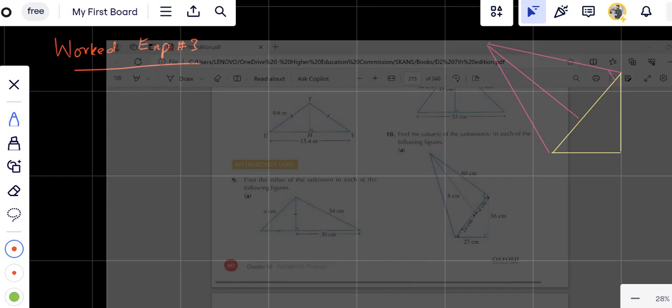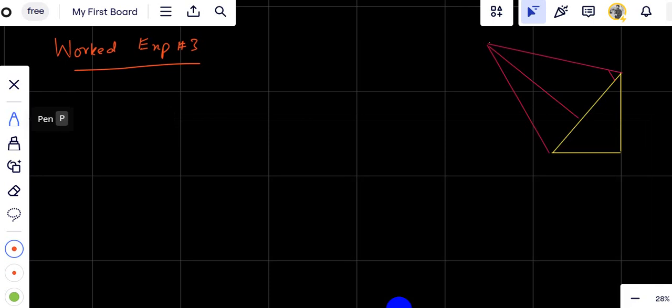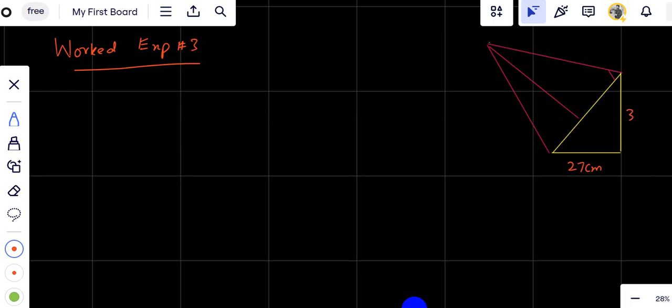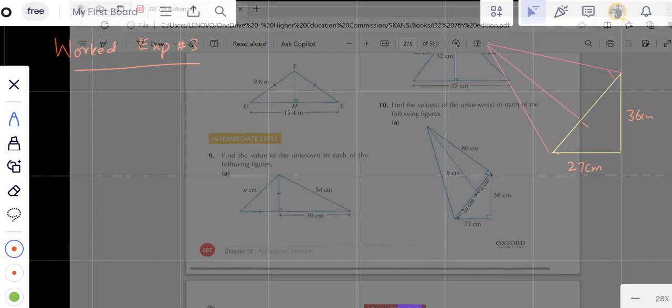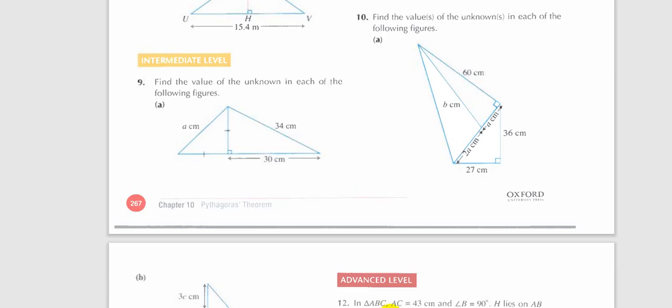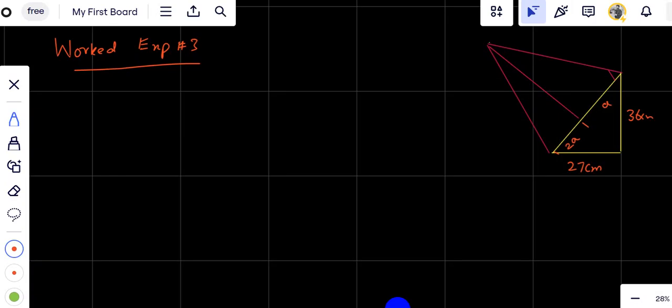I can label this length as 27 centimeters. This length is 36 centimeters. Now from this point to this point, this length is 2a centimeters, and this length is a. And this is b centimeters.